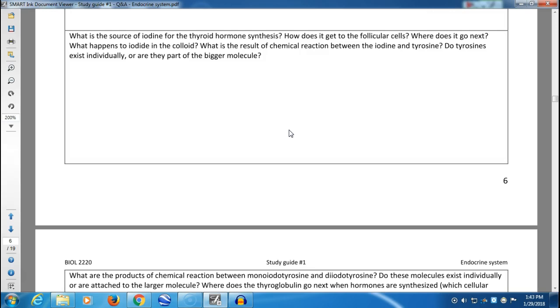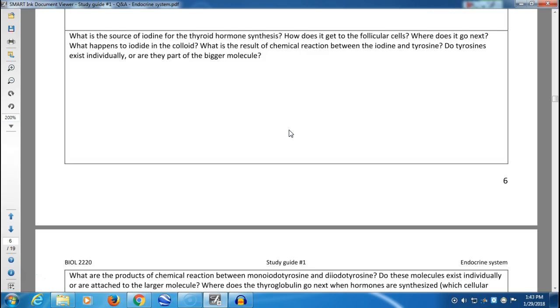The protein is thyroglobulin. So that thyroglobulin gets into the follicular cell. And what happens to thyroglobulin in the follicular cell? It is broken down, so thyroid hormone is released into the bloodstream and everybody's happy. Does that make sense? Understand?